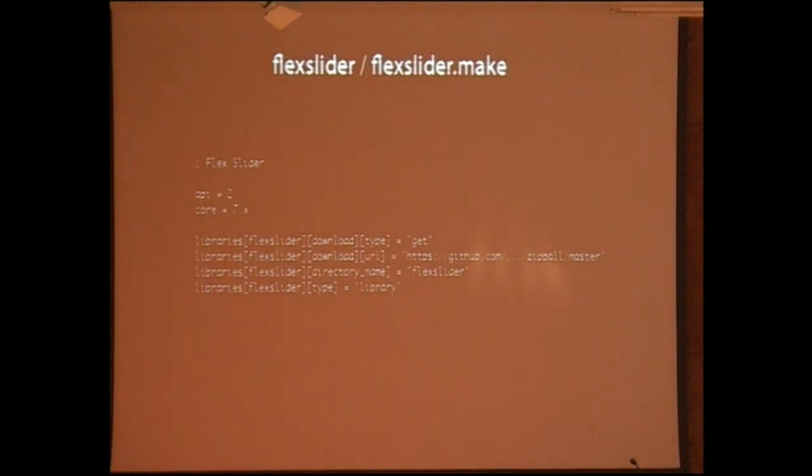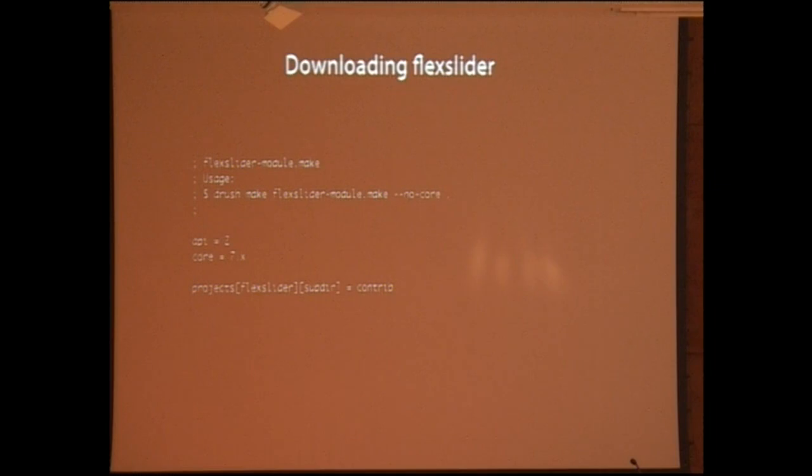So instead of asking the user to manually download the library, this module ships with a makefile that can be parsed and executed by Drush Make to download the library and place it in the correct path in your Drupal tree. Now, if my makefile says that I want to download the project flex slider, meaning get the module flex slider on Drupal.org and download it.